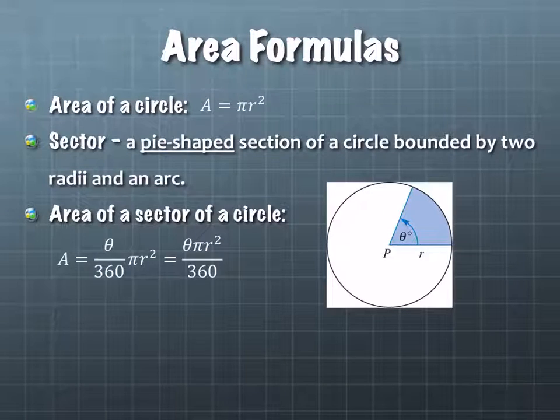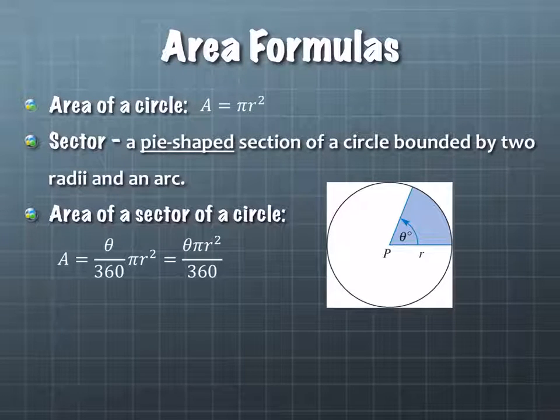All right, now, not polygons. Circles are not polygons, right? So the area formula for a circle is pi r squared. And then the sector, a pie-shaped section of the circle, like a pizza slice, a cake slice, pie slice, we can also have the area found for it. And it looks very much like when we found arc length, right?